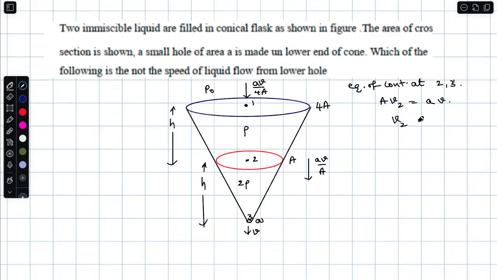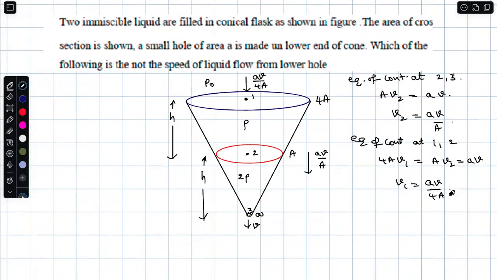So V2 is AV by A. Equation of continuity at 1, 2. So V1 is AV by 4A. That's all you got. But please confirm have you understood this step or not. Everyone in the class?